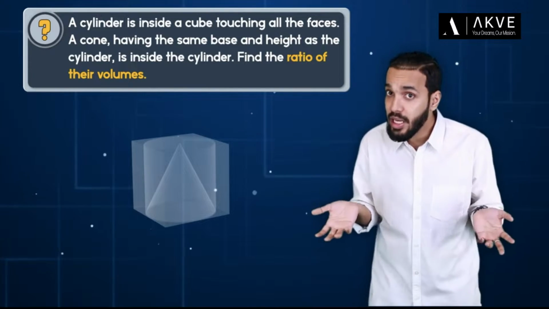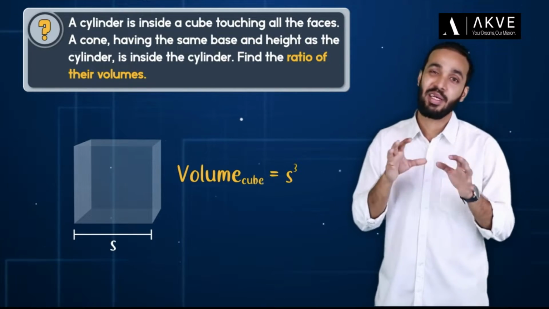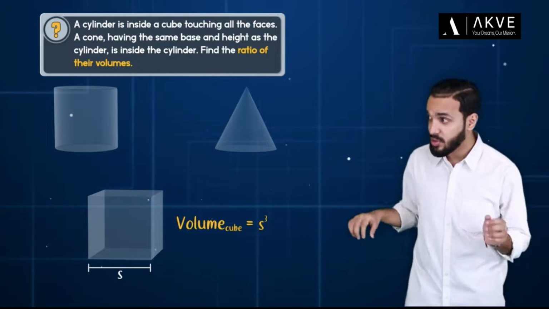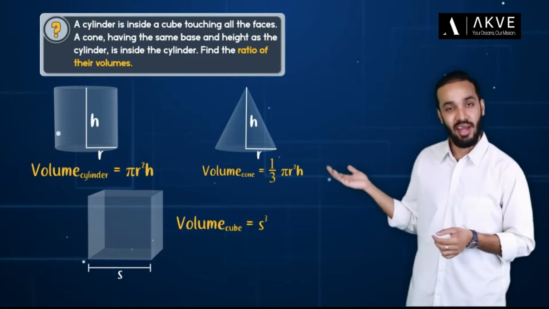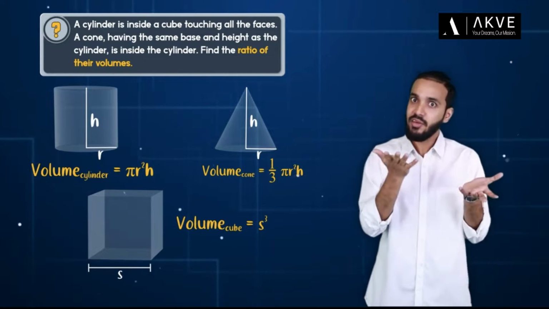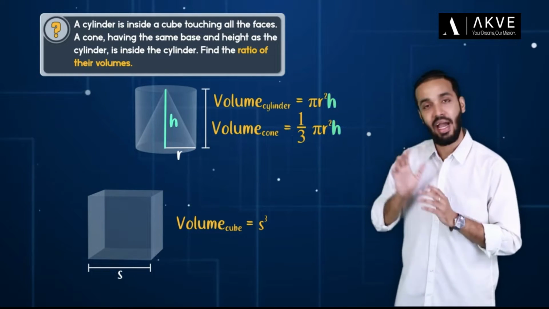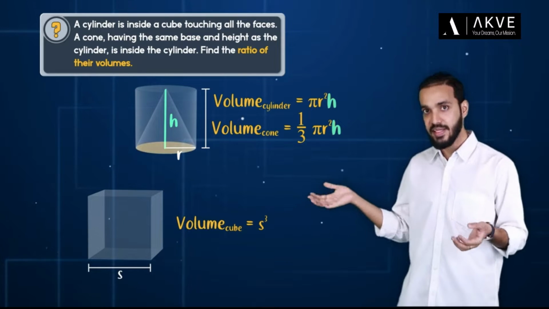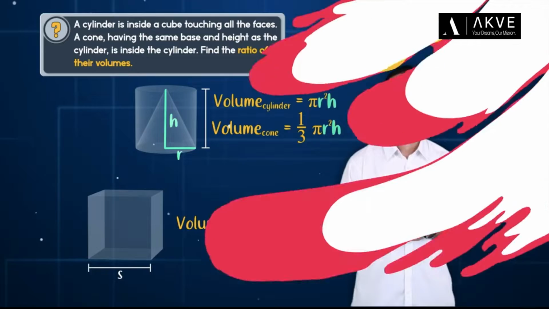So, what do we need to find the volume of a cube? Just the edge length. Similarly, to find the volumes of the cylinder and the cone, we just need each of their radii and heights. Lucky for you though, this cylinder and cone have the same height and even the same base, which indicates that they have the same radius.